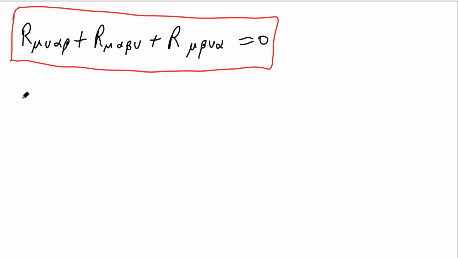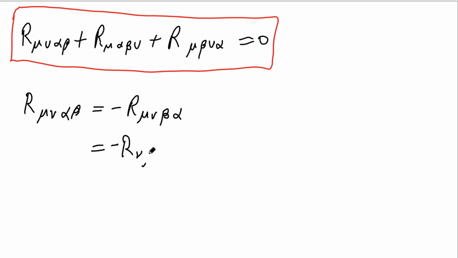So this symmetry, along with the previous symmetries we found, and let me repeat those here. We have R mu nu alpha beta equals minus R mu nu beta alpha. So antisymmetric under interchange of the final two indices. It's also antisymmetric, so minus sign, if we swap the first two indices.